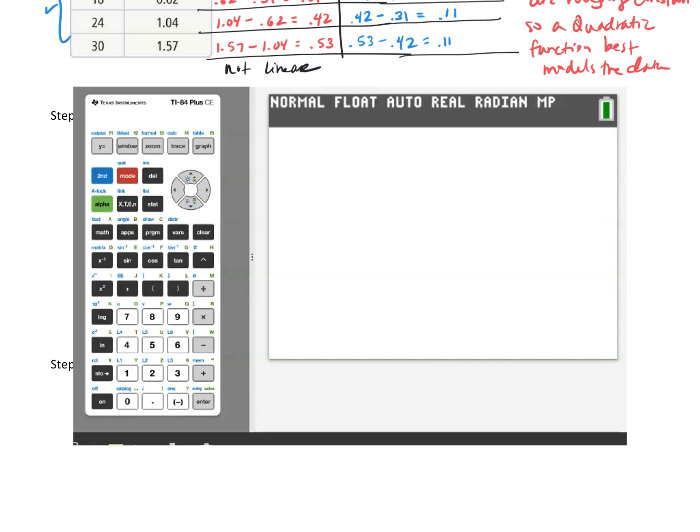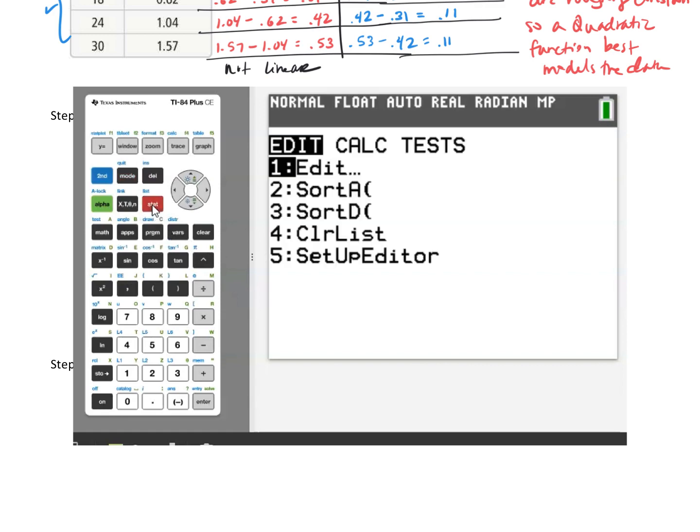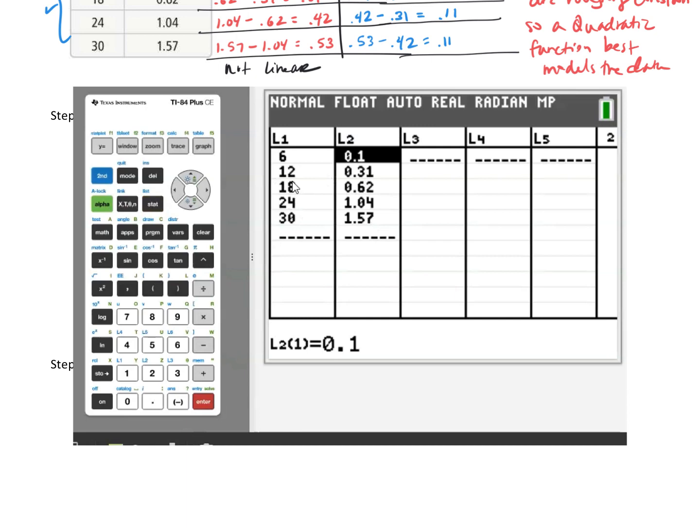All right, we did our first differences and second differences. We found that our second differences were roughly constant, so a quadratic function will best model the data. So we're going to use our graphing calculators to do the quadratic regression. We go to our stat button. We're going to edit. That's where we enter our table of values.